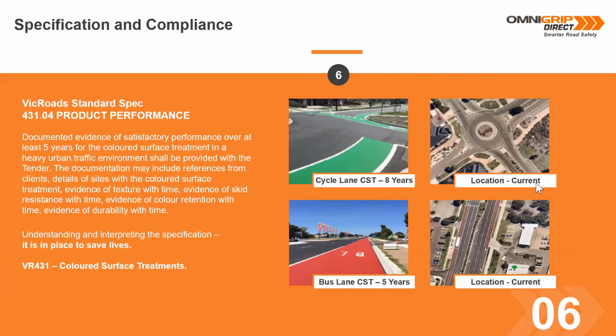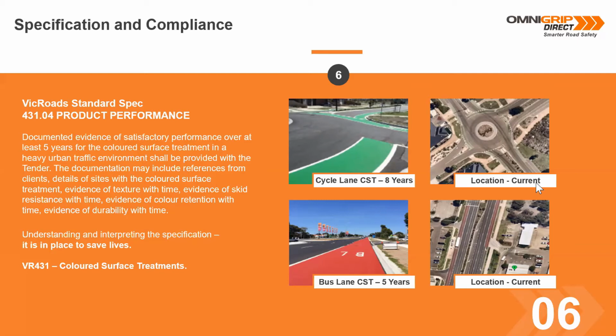Now, obviously with an asset maintenance regime, some simple washing or sweeping, you're going to prolong the ability for that colour to retain at the same level it is on the left. But we're about being realistic and being honest with how these applications work, and an 8-year life cycle is exceptional in this environment.